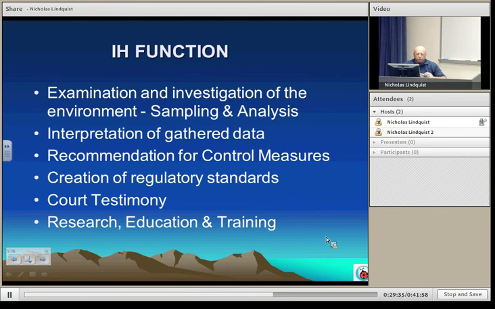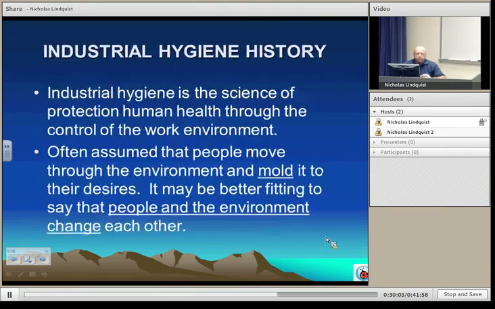Looking at industrial hygiene from a broad perspective, it's basically that science which is geared towards protection of human health within the environment. How do we control those environments so that they do not do damage to human health? It was once written by a scholar that it's often assumed that people move through the environment and mold it to their desires, but it's probably more accurate to say that people and the environment move and change together and have an impact on each other.